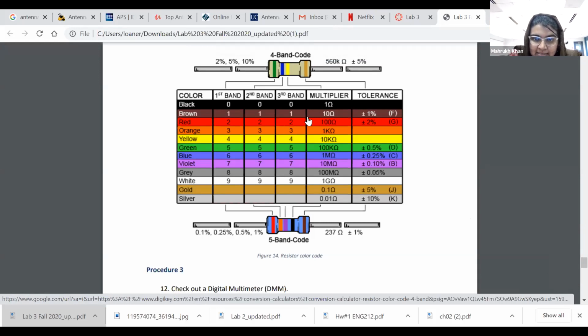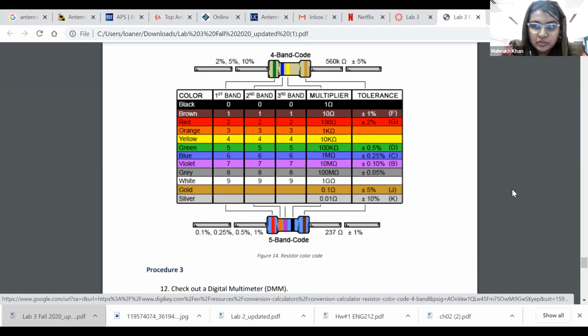The third band is actually the multiplier. So it's 10 multiplied by 100. So it's 1K ohms. And the last band is golden, which makes it 5% tolerance. So it can change its value from 1K plus or minus 5%.